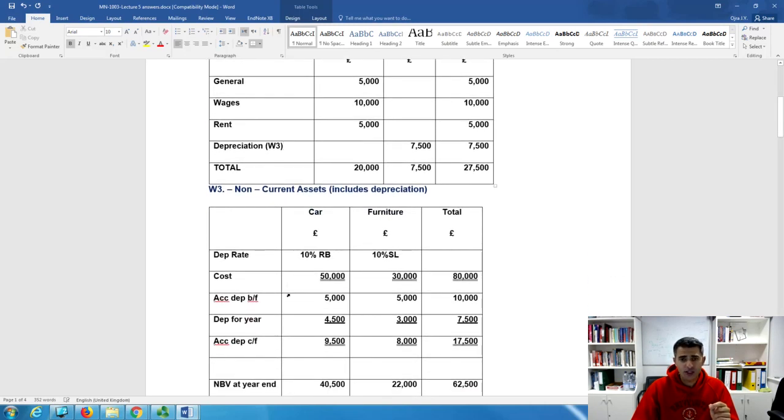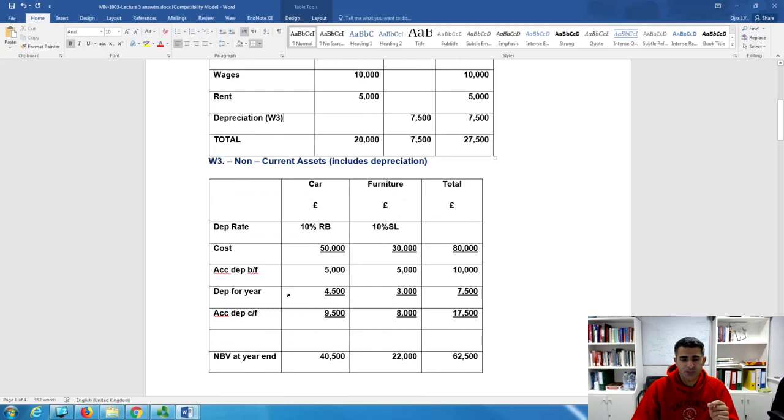When it comes to working 3, this is the layout of this working, and this is the layout which you need to use all the time. Don't forget that it depends how many non-current assets are in the question, you list them. Here we have 2 non-current assets, car and furniture. These are fixed.